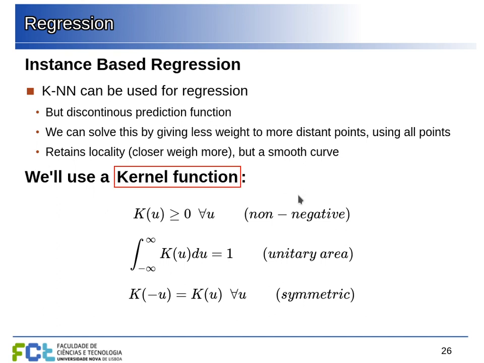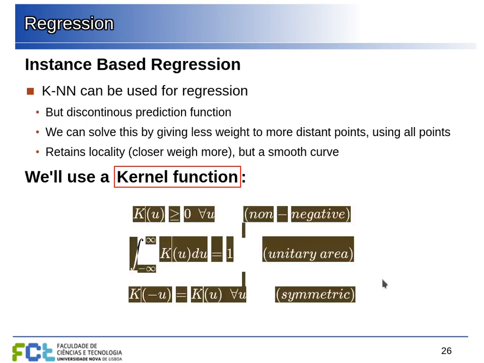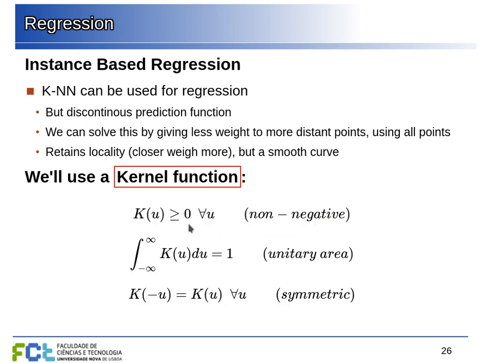The definition of a kernel function, in this context, is any function that meets these criteria. It must be non-negative everywhere, so it's either 0 or greater than 0. It must have an area of 1, so when you compute the integral over all x, it must be 1.